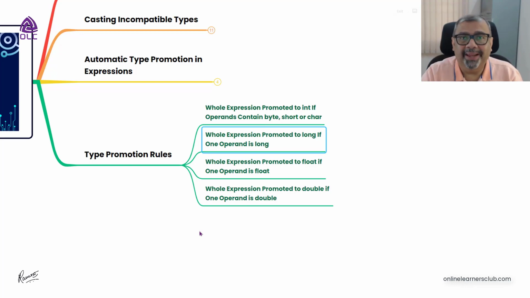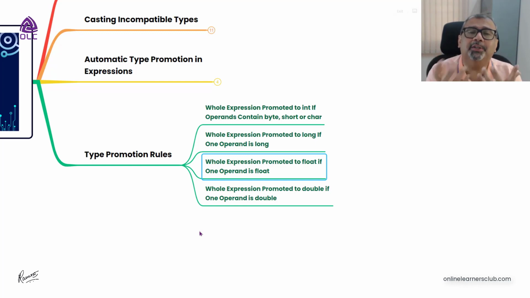Next, the whole expression is promoted to float if one of the operands is float. So if you multiply an integer by a float, the result will be float. It will not do any truncation. This is automatically taken care of by the promotion rules in Java.